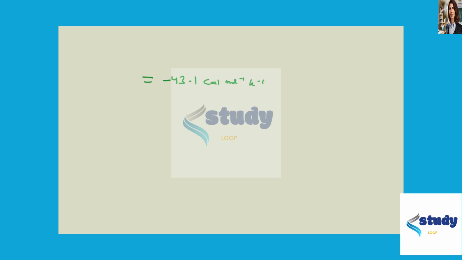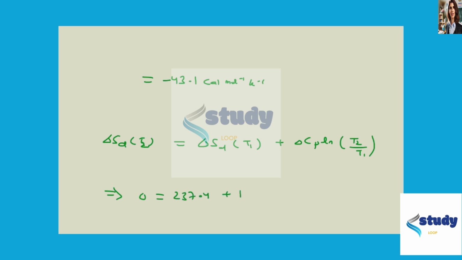Now I will calculate the temperature at which ΔS_D at T2 is 0. ΔS_D at T2 is equal to ΔS_D at T1 plus ΔCp ln(T2 by T1), or 0 is equal to 237.4 plus 1650 multiplied by ln(T2 by 341).